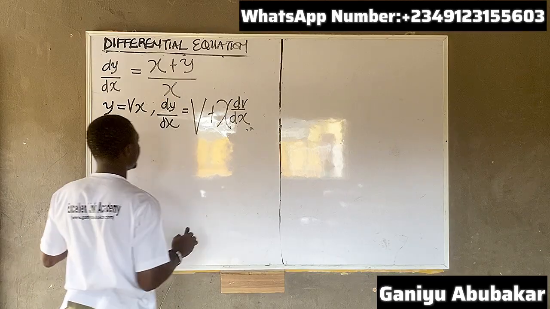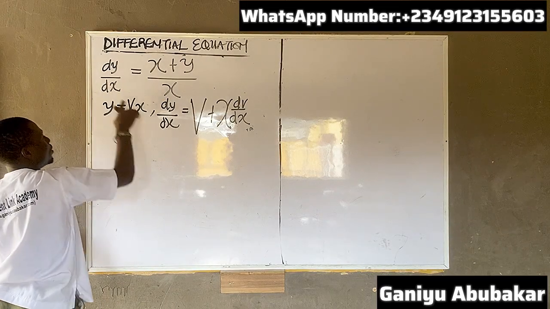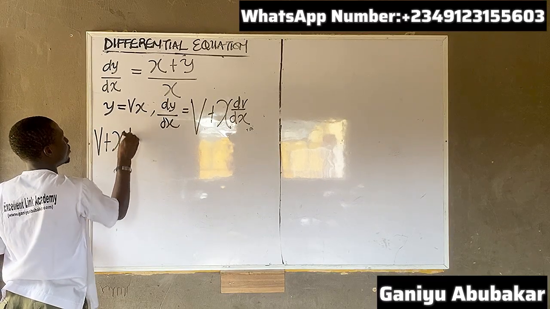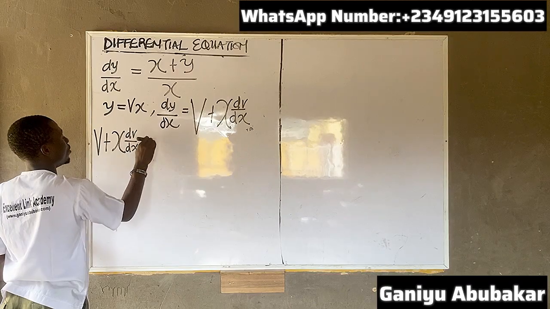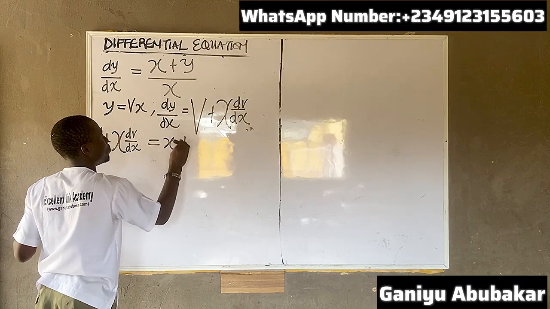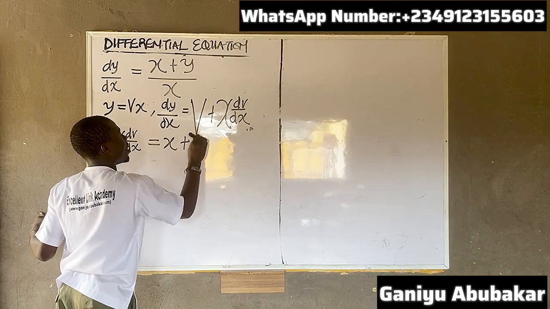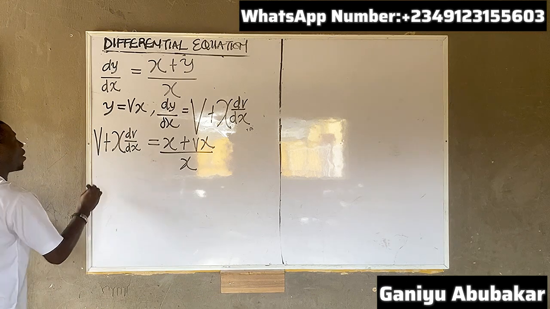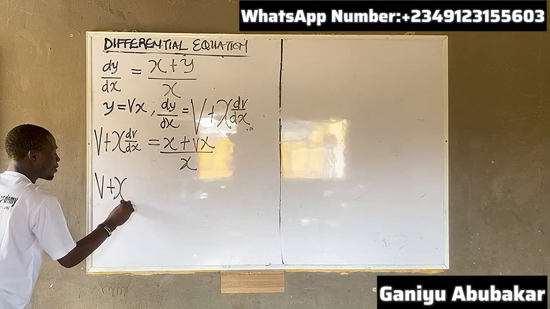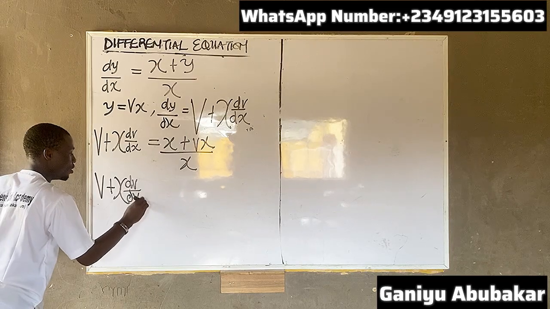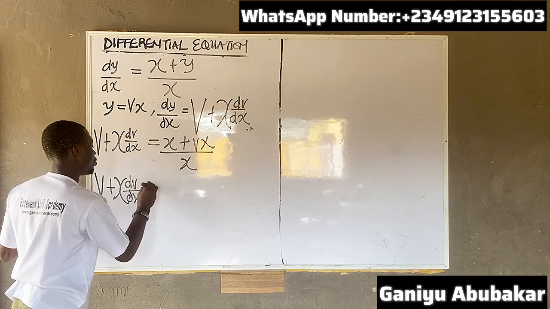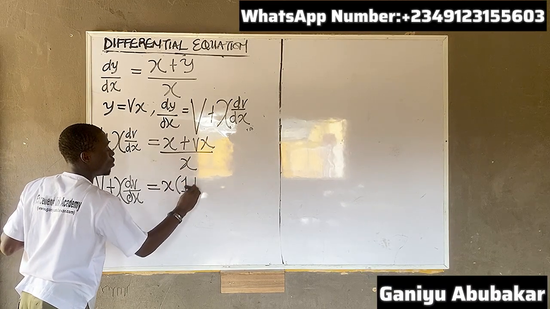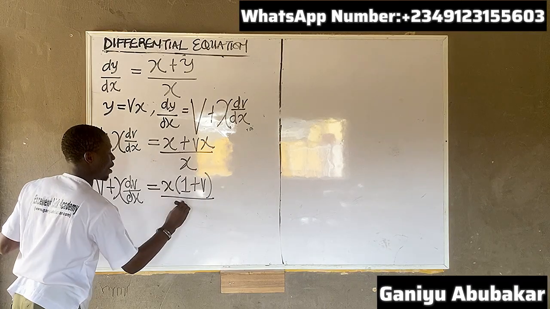Alright, I have this one here. Your first priority is that y over x should be v plus x dv/dx. So v plus x dv/dx is equal to, I have x plus y, and y is vx, all over x. Next, this gives you v plus x dv/dx is equal to, factorize x out, so that gives you x into 1 plus v, all over x.